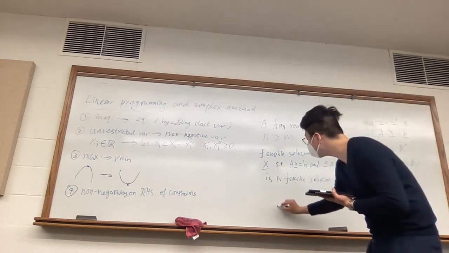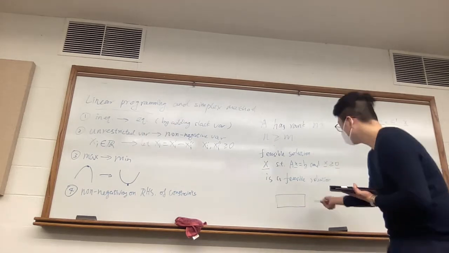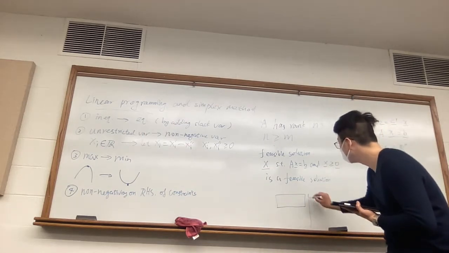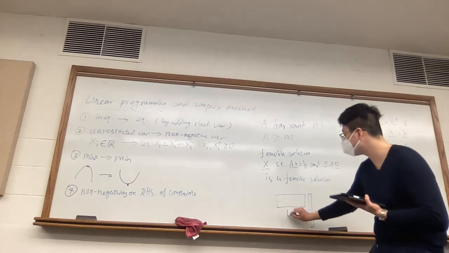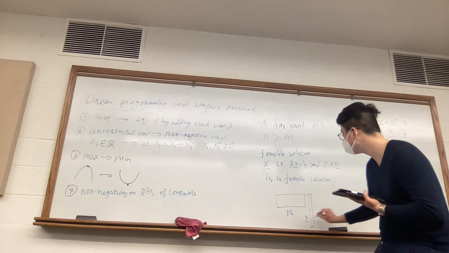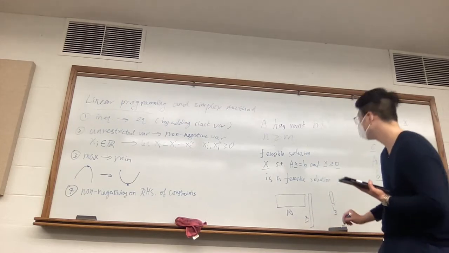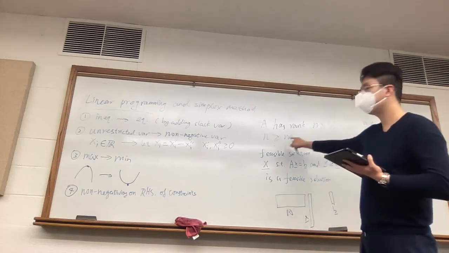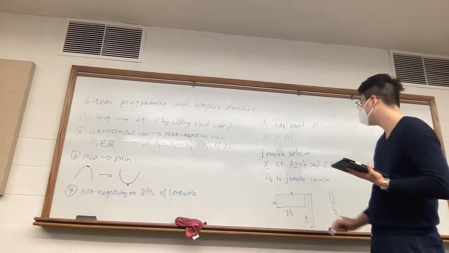Let's say A has a shape like this, and it times x, which looks like this. This is A, this is x, and on the right-hand side, this is b. A has rank m, and n is greater than or equal to m.